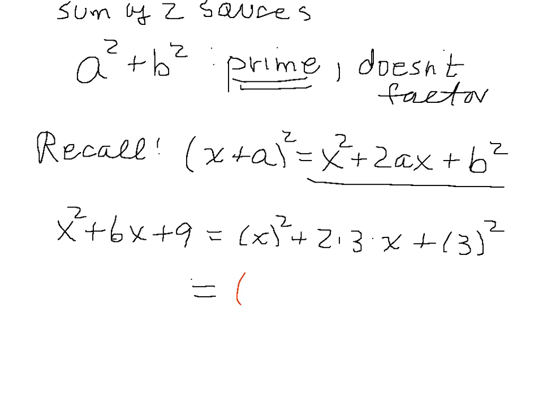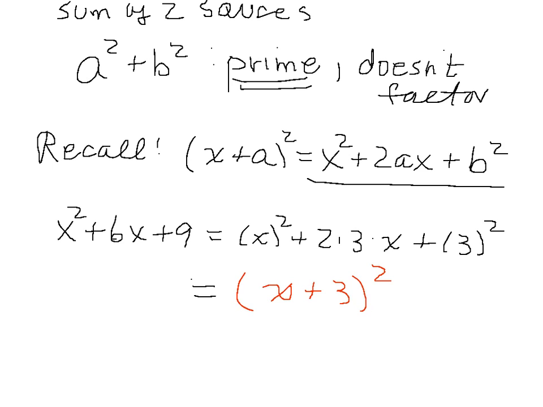which means it will factor as x plus 3 squared. The pattern is when you square this, you get x squared. When you square this, you get 9. And if you take these two and multiply and double it, you get 6x. Okay?